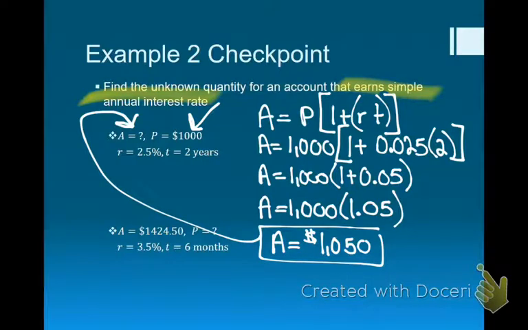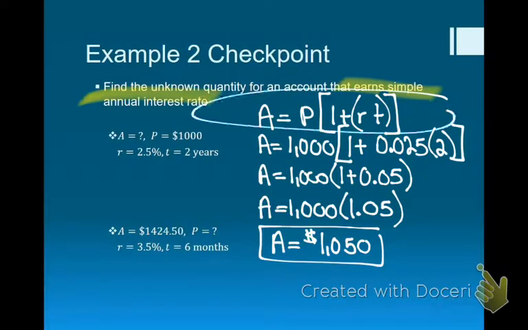I heard it. 50 bucks. If I start with $1,000 and I end up with 1,050, the only way that $50 comes into play is if that's the interest that I made over the life of my investment. Okay? So again, the hardest part is figuring out what formula to use. Go ahead and do the second one.